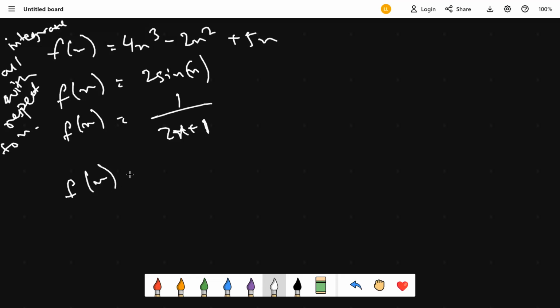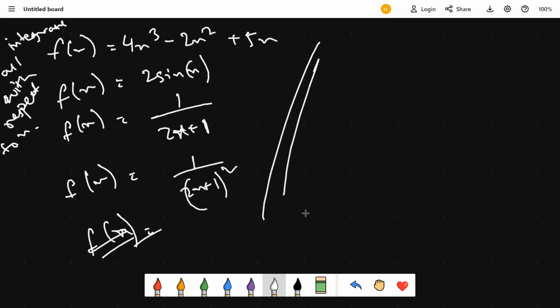Then we have f of x equals 1 over (2x plus 1) squared. Do these four at first. I will see what other sums we can do with this much knowledge.